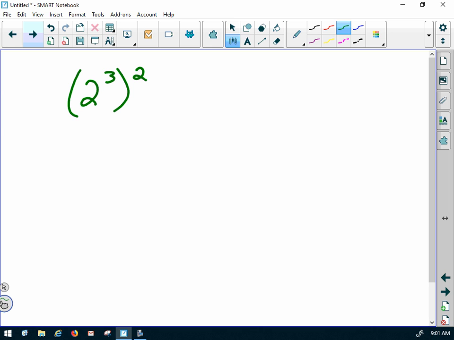Now, there are a couple ways we could think of this. What's 2 to the third power? 8. So that's really just 8 to the second power. But what's 8 to the second power? 64.